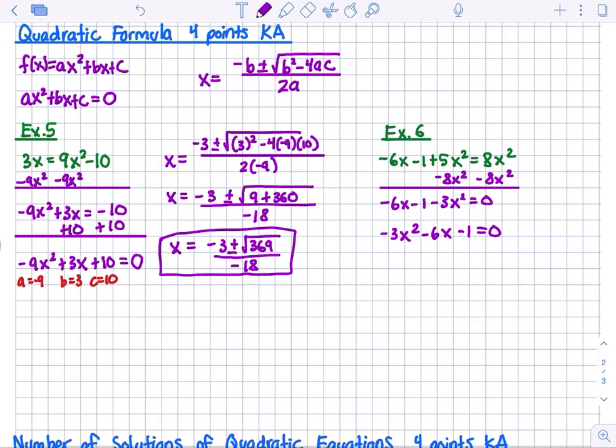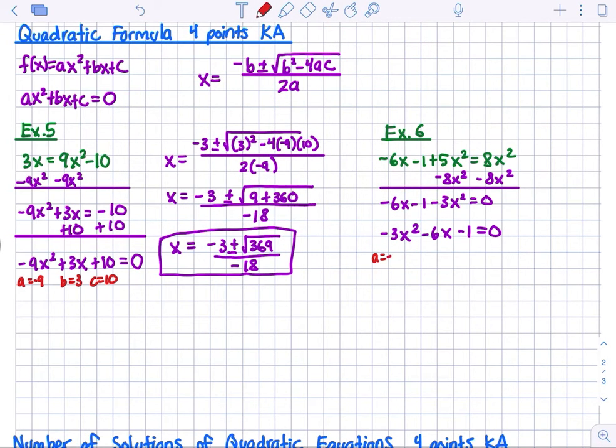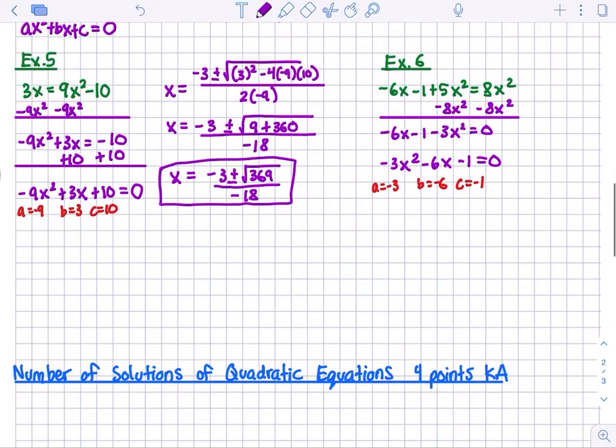Alright, so standard form is equal to 0, so now our a is equal to negative 3, our b is equal to negative 6, and our c value is equal to negative 1. So I'll just write it on the bottom of here.